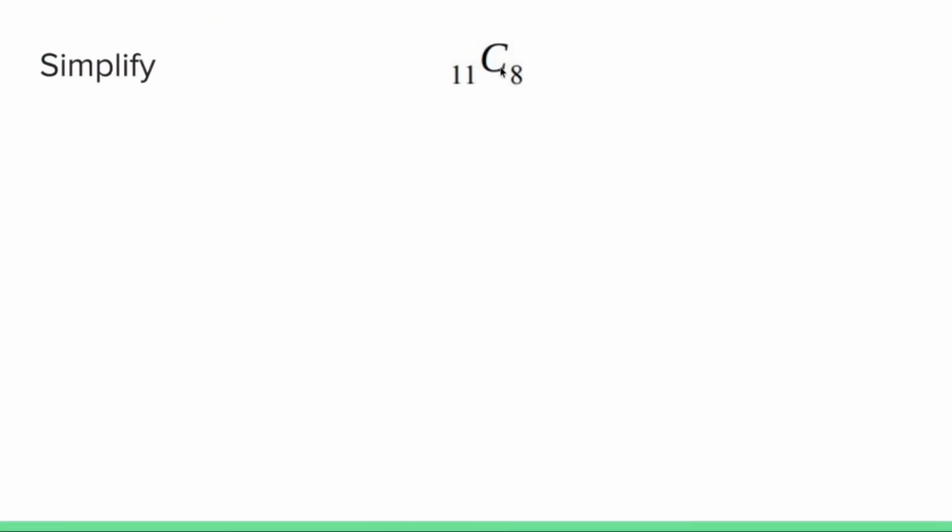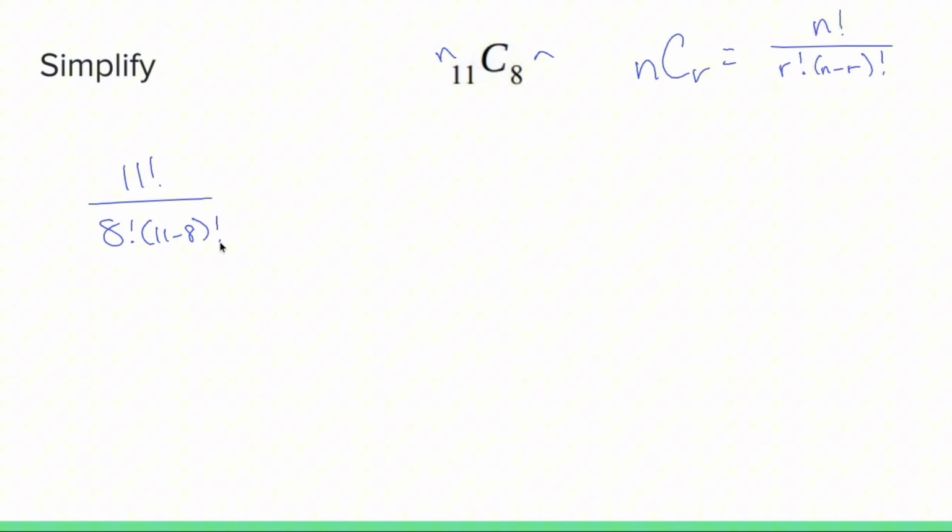Simplify 11 combinations taken 8 at a time. The formula for combinations is nCr equals n factorial over r factorial times n minus r factorial. So we know that n is 11, we know that r is 8, and so we are going to find 11 factorial over 8 factorial times 11 minus 8 factorial.